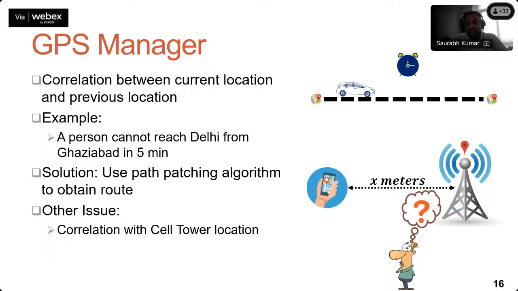So the idea is that the distance between a cell tower and the mobile could be, let's say, X meters. This X depends on the area where the tower is located. If it is in a highly dense area, then the distance will be very small.